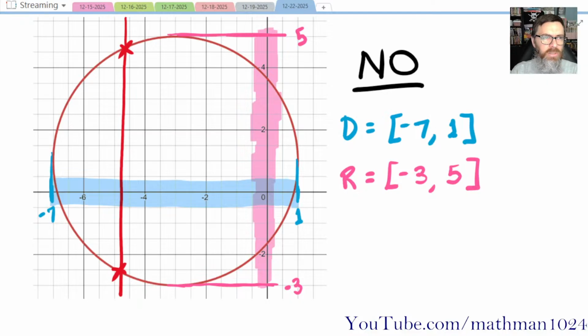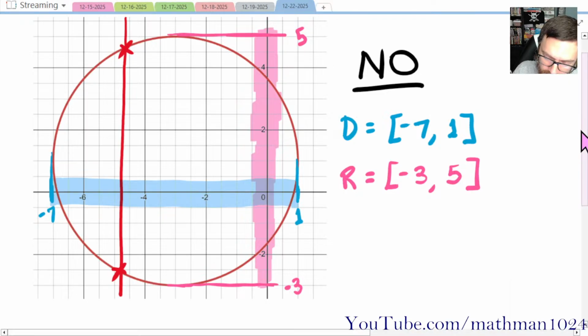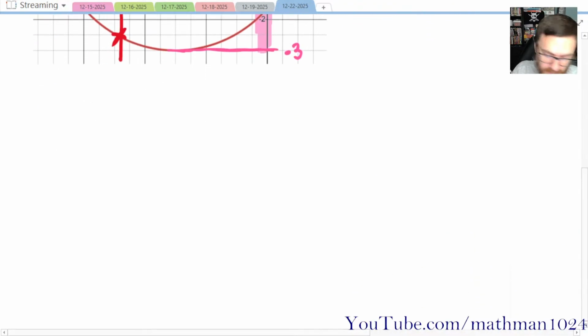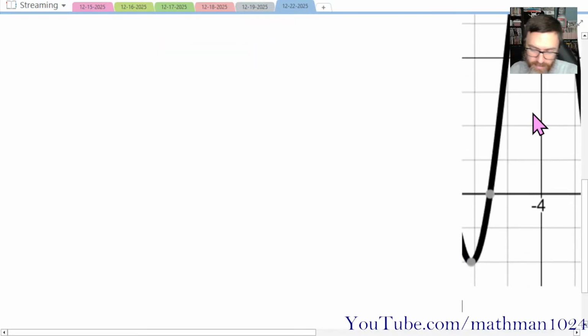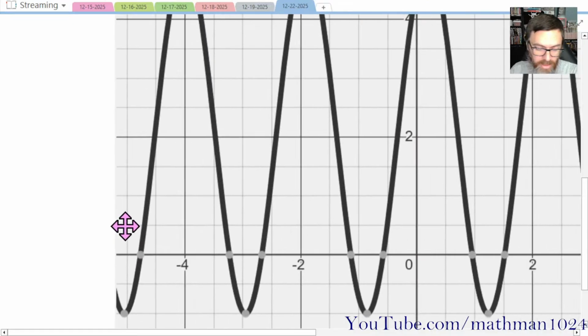Actually, hold on. Just to make it look even more fun. And now I'm going to do this. All right. Copy. Come on, mouse, where are you? All right. That's not what I'm trying to do. Goodness gracious.